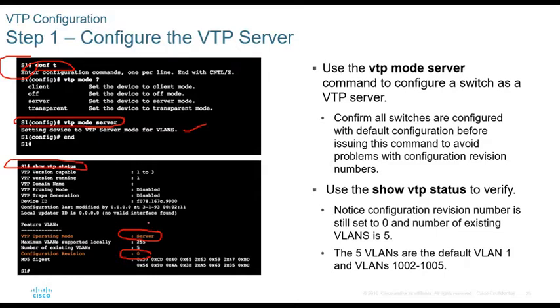And the number of existing VLANs, bakit 5? Eh, wala pa man tayong in-enter na VLAN. Why 5? That is because we learned in CCNA2 na all switches have their own default VLANs, and that is the default VLAN 1, and of course the numbers for the other protocols, 1002 to 1005. So when you count that, it's 5. Total of 5. So yun lang yung mga kailangan nating information or status that we need to verify. Moving on.